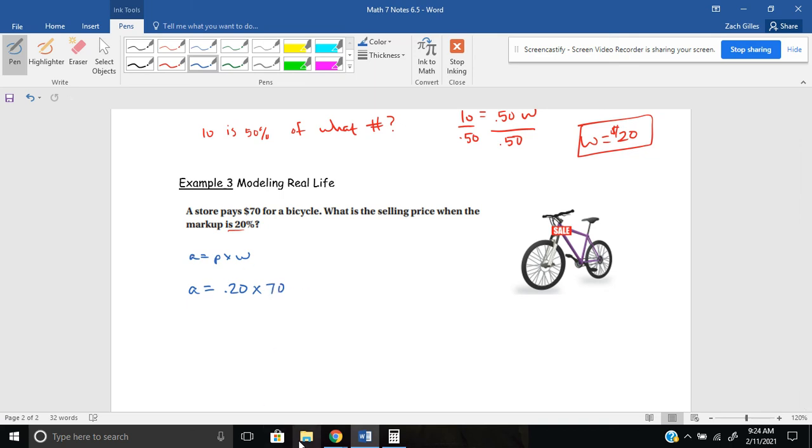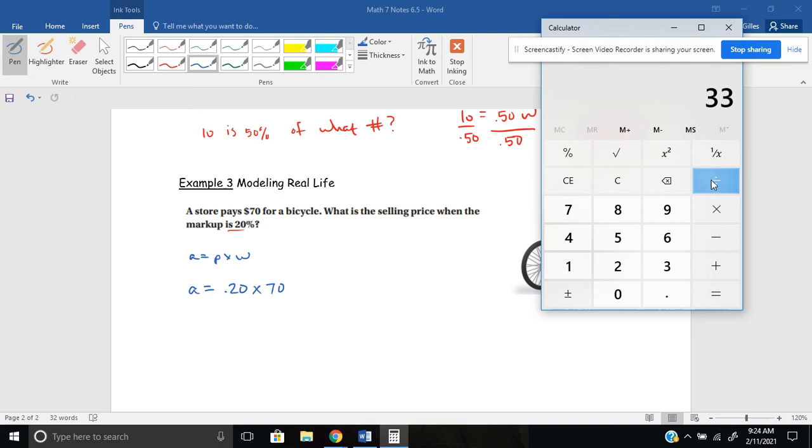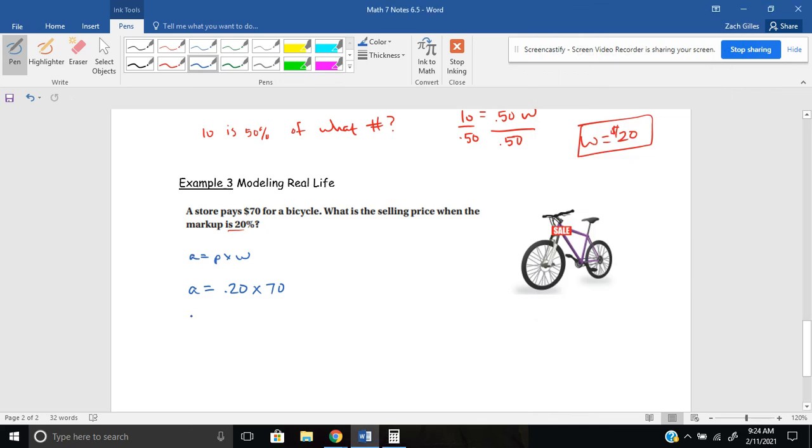Okay, so when I take 2/10, or 0.2, and I multiply that by my whole, 0.2 times 70 gives me 14. So that means my markup is $14, because 20% of the total, 20% of 70 is 14.